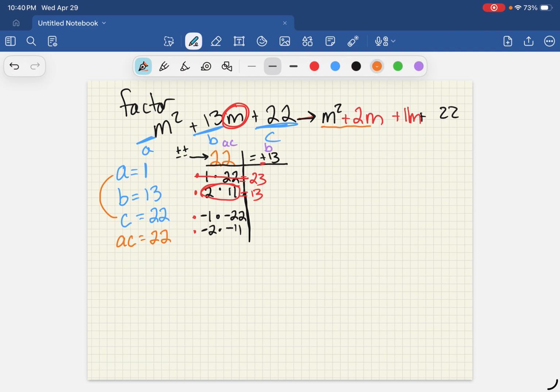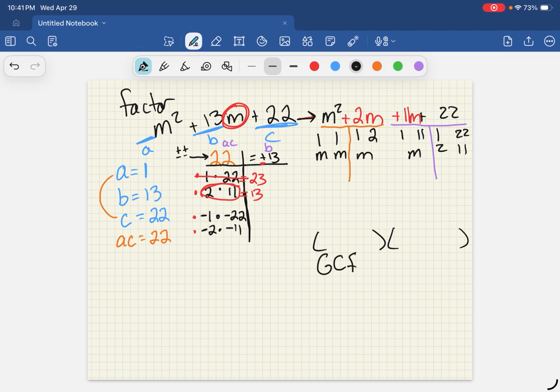And then I'm going to find the GCF of the first and second thing, and the GCF of the last two things. To do that, I write out all of the factors. And then I'm going to write my parentheses. In the first parenthesis, I will always put my GCF. In the second parenthesis, I will always put my leftover.